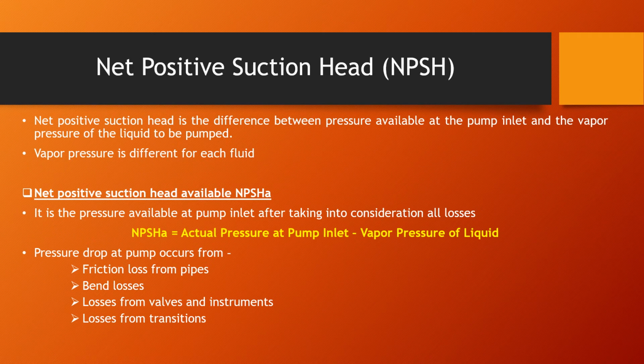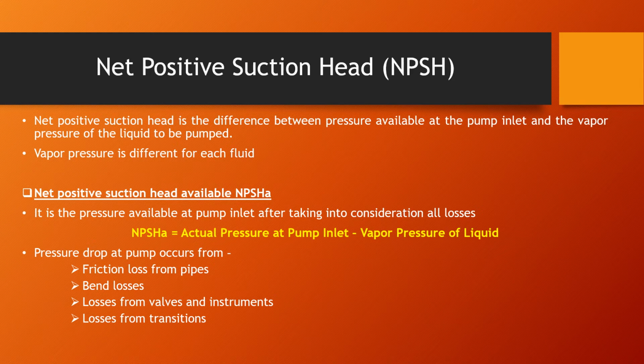Net positive suction head is basically the difference between the pressure head available at your pump inlet and the vapor pressure of the liquid that you're using. So it's basically the pump inlet pressure minus the vapor pressure of the fluid.